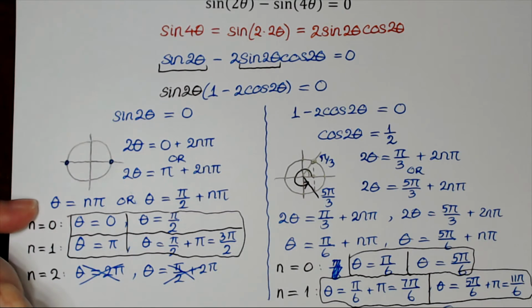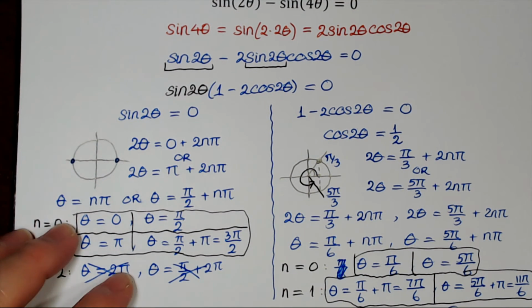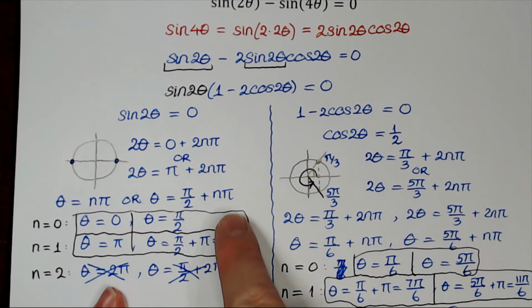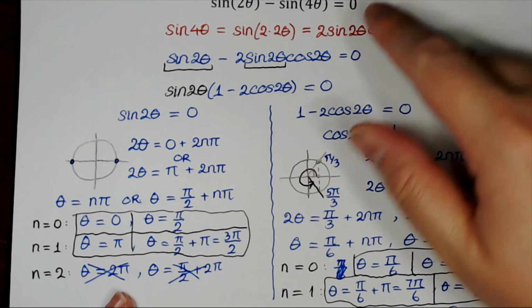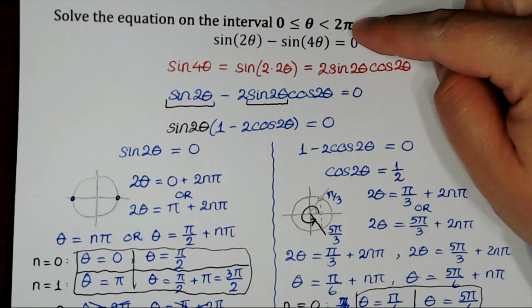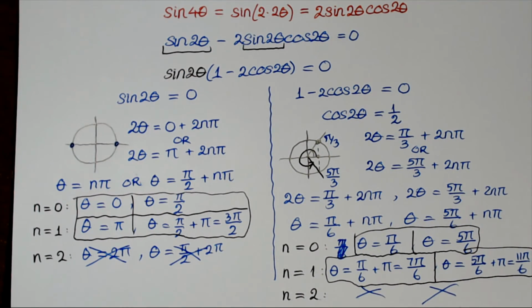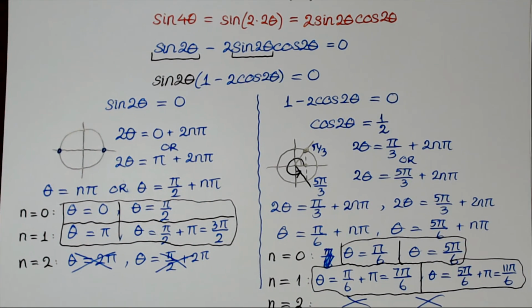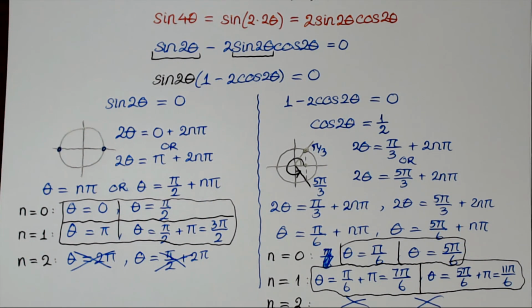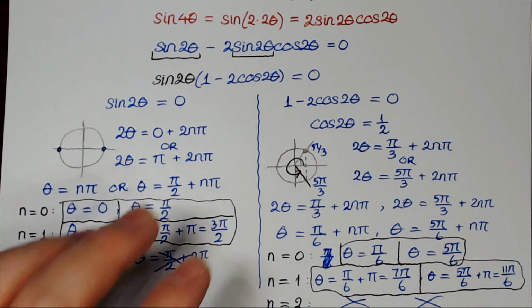We just have the angle by itself, the theta by itself, and then we solve for that. Make sure we choose some values for n so that the answer will be between 0 and 2 pi. If we choose n too big, it will not be within 0 and 2 pi. And that is how we do that problem.